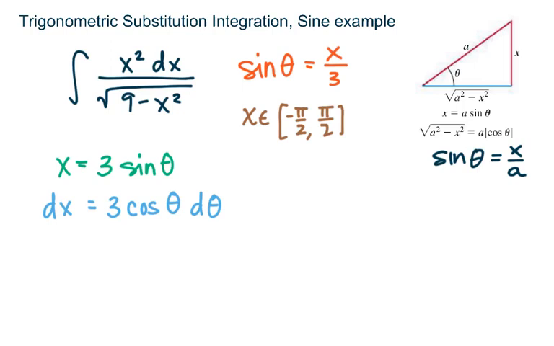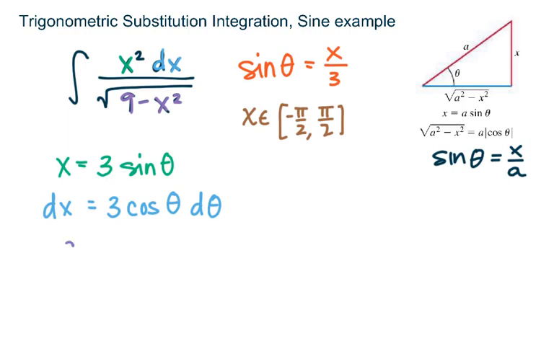So I have a substitution for x and a substitution for dx. You'll notice I have this x in the denominator as well. Before I sub 3 sine theta in for that x value, I prefer to do a little calculation and determine what 9 minus x squared is first.